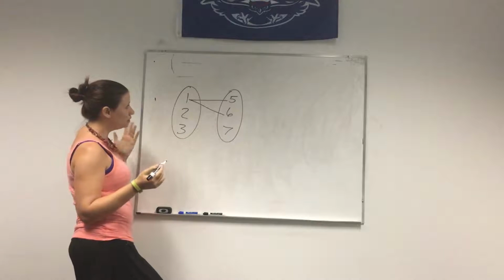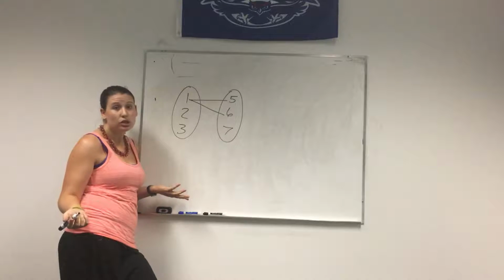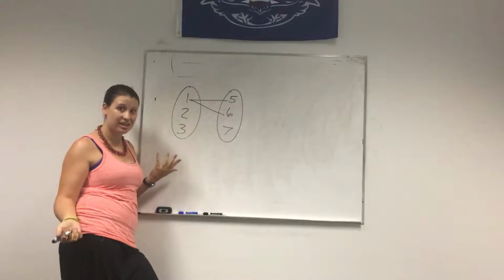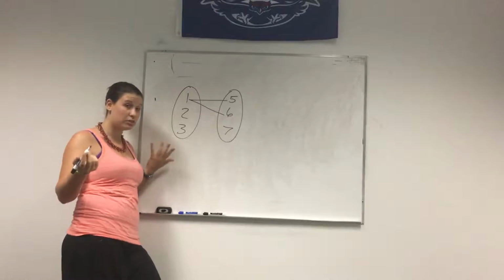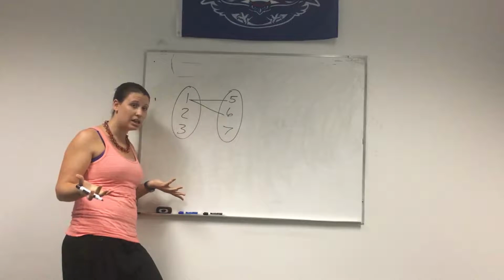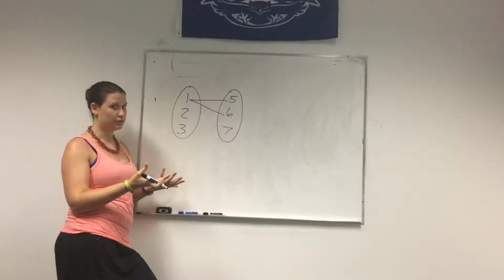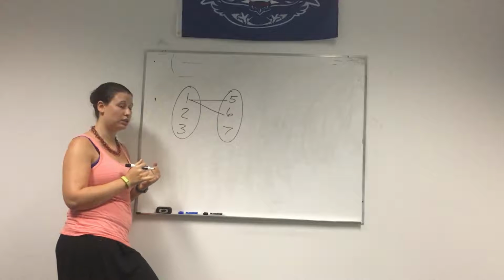Because, well, if you plug in 1, what do you get? How do you choose? Do you get 5 or do you get 6? Does it depend on when you plug in 1 or how many times you plugged in 1 already? There's no set way of figuring out when you would get 5 or 6. So this is not a function.